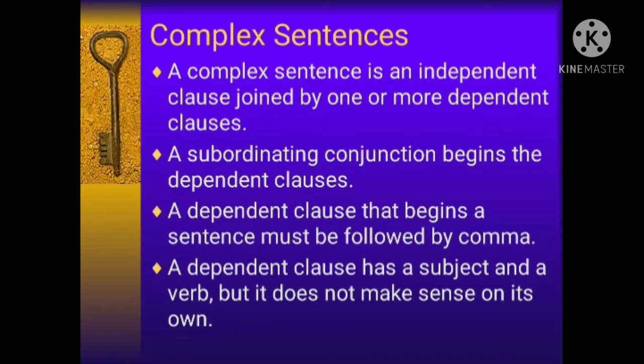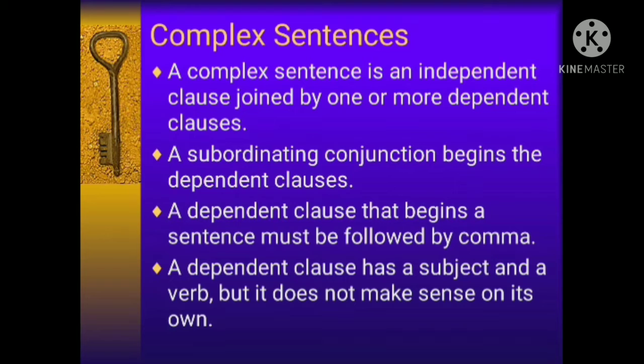What is a complex sentence? Remember, a complex sentence has an independent clause and one or more dependent clauses. Here the dependent clause is joined not by coordinate conjunctions but by subordinate conjunctions.